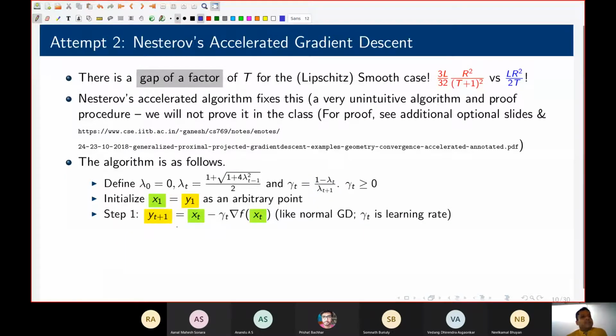Yeah, and then as I said, yt plus 1 is obtained as a gradient descent update step on the xt. The xt is used in both places. So note that we are deriving our momentum with respect to xt. A gradient descent on velocity update. That's basically the idea of yt plus 1.